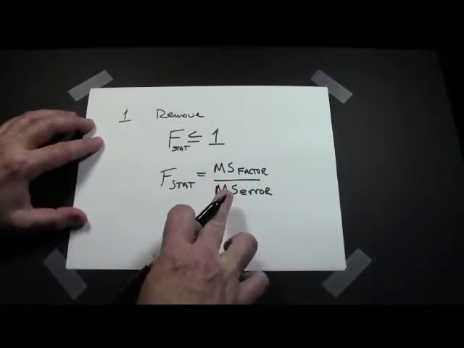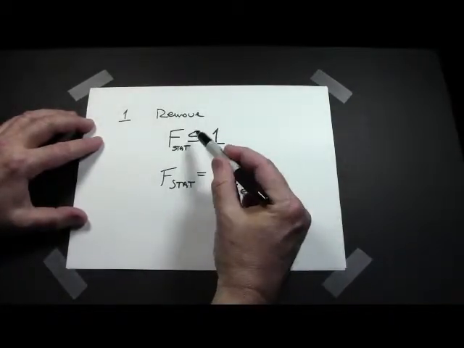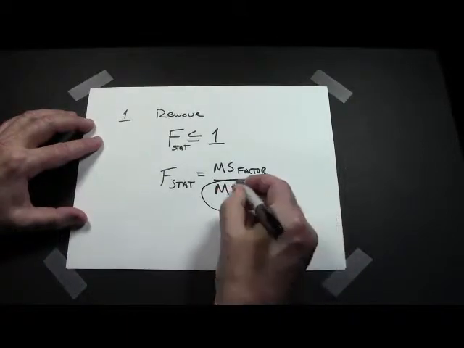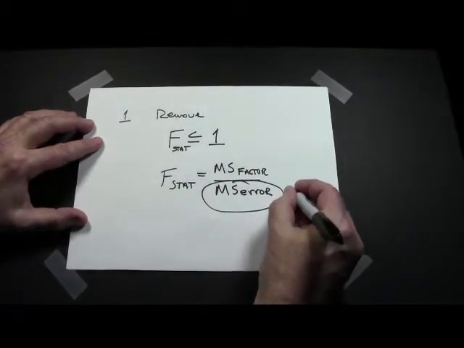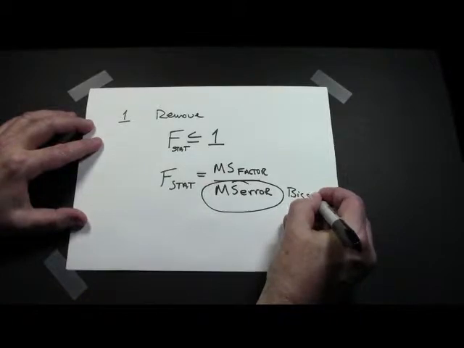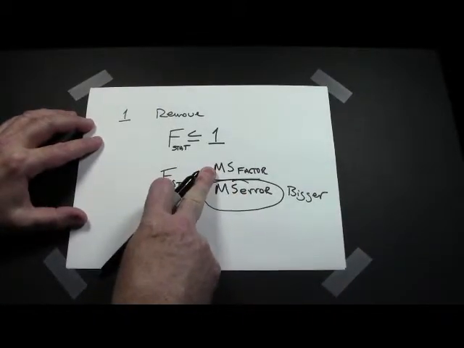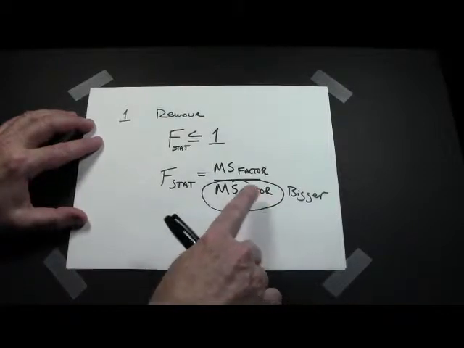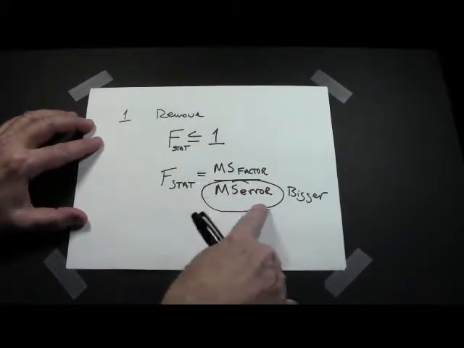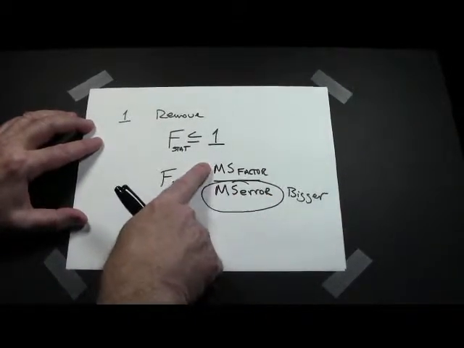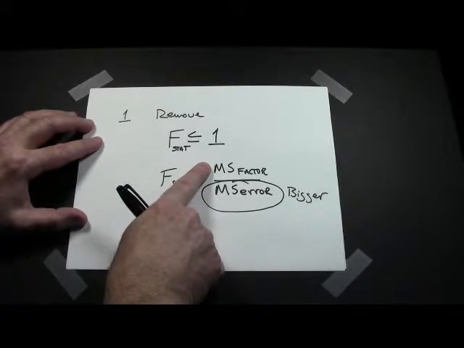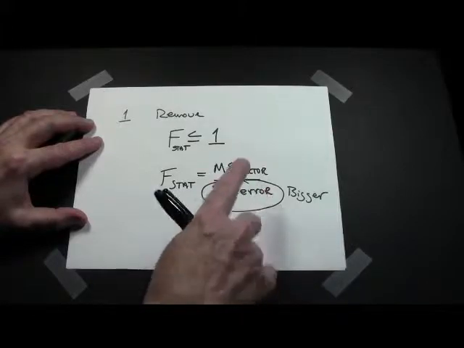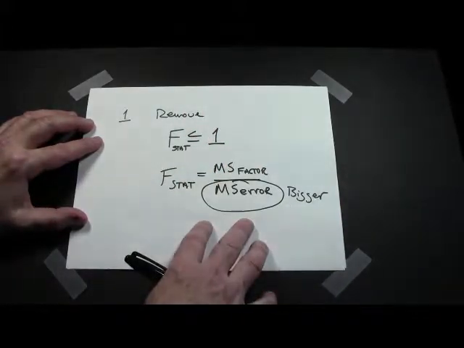So if this value is less than or equal to 1, it means that the unexplained term is bigger than the factor. And we're not going to bet any money on the unexplained term. So if it is larger than the mean square for the factor, it's no more significant or important than the unexplained. So we remove it from the model.